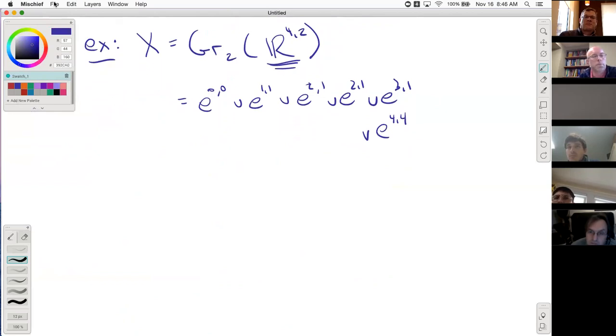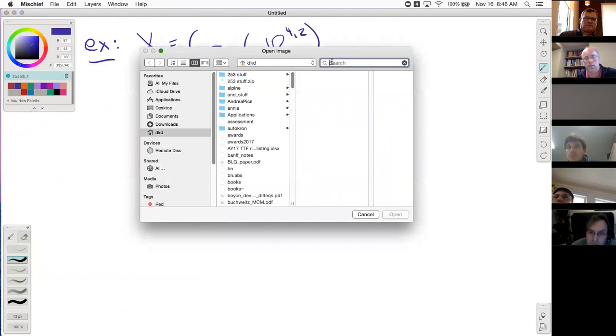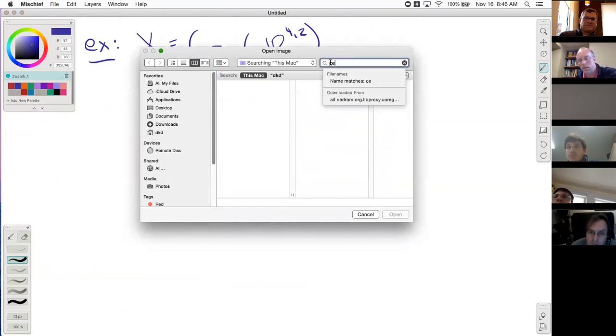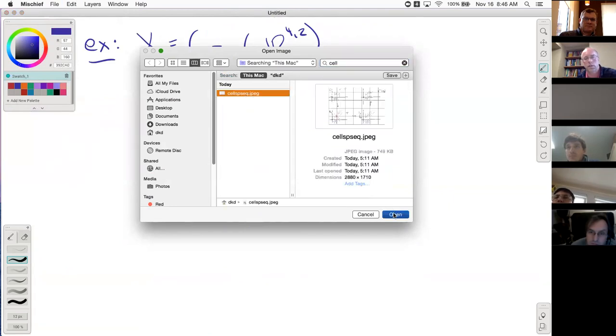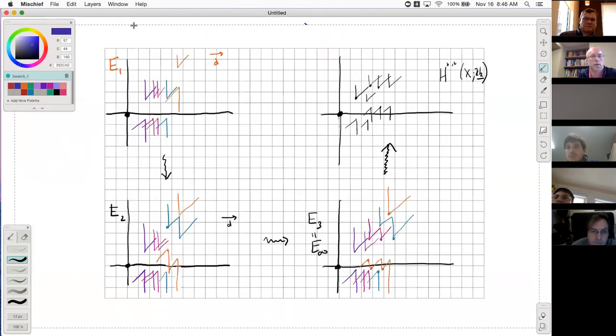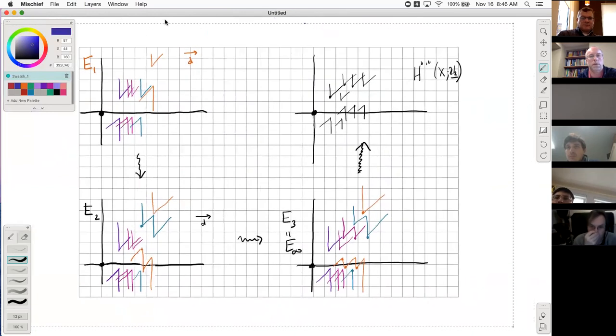So I'm going to pull up another file here. This one was called something like cell spectral sequence. There it is. Let me move that over a bit. All right, so I'm going to talk you through this.